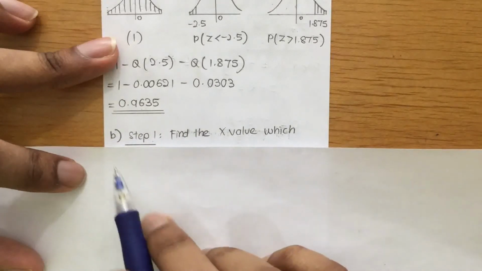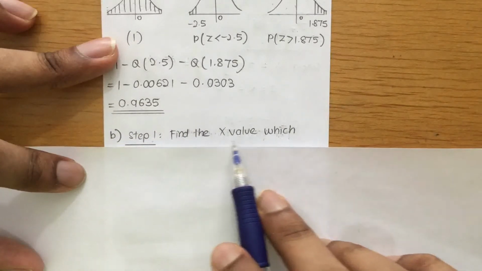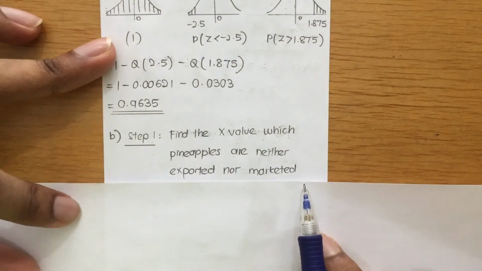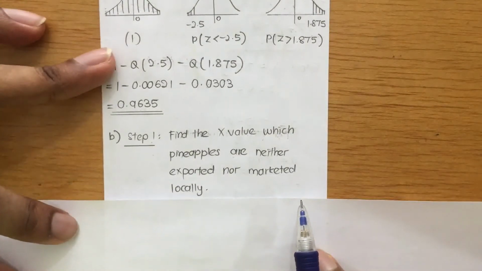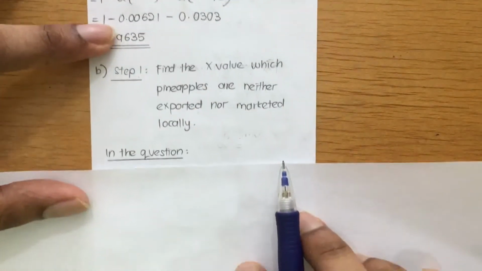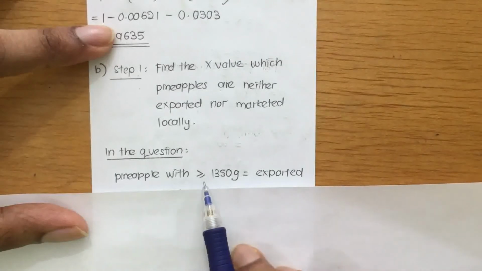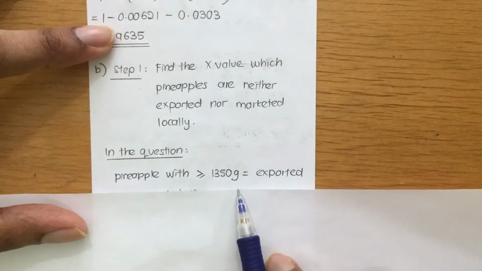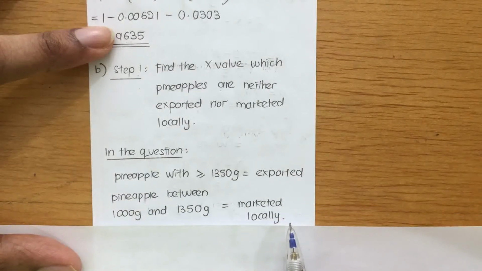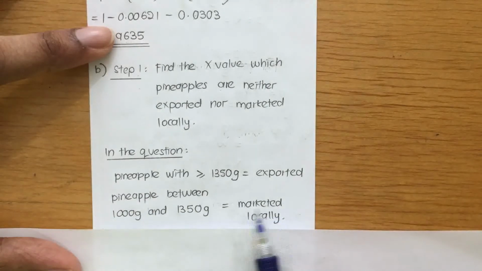For step 1 of part B, we need to find the X value for pineapples that are neither exported nor marketed locally. In the question, pineapples with more than or equal to 1350 gram will be exported. Pineapples between 1000 gram and 1350 gram will be marketed locally.